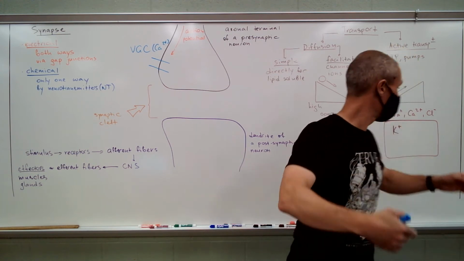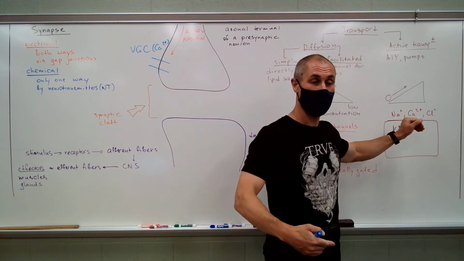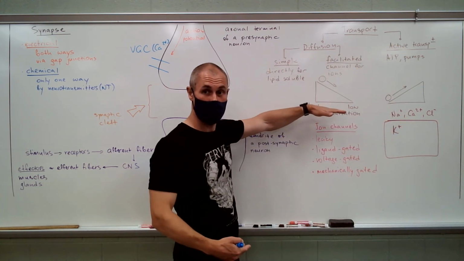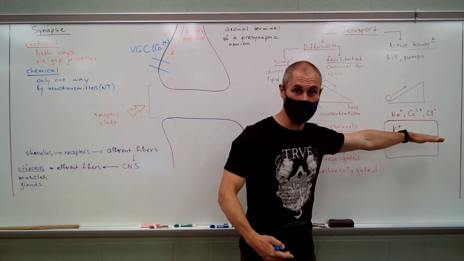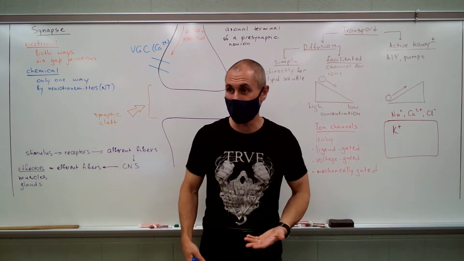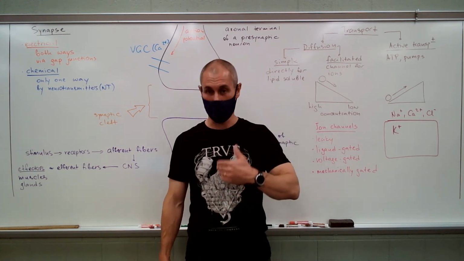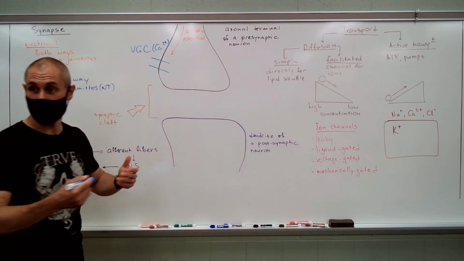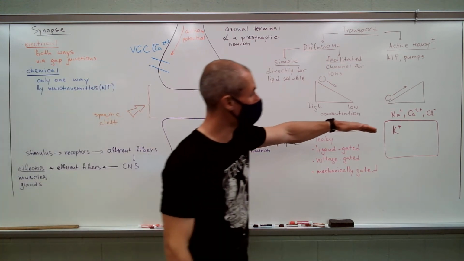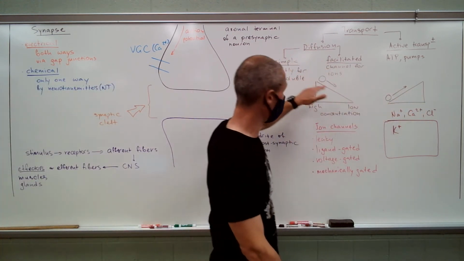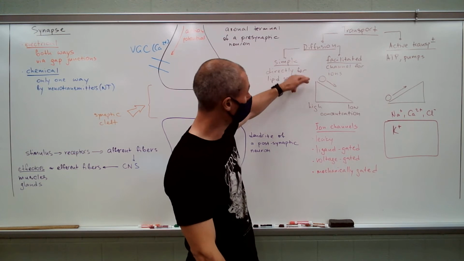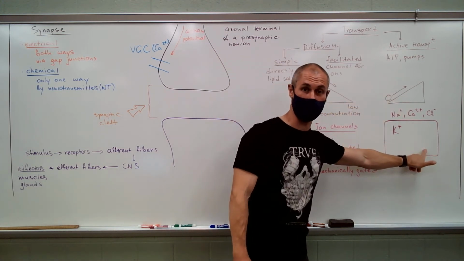Where? This is diffusion. This is the relative concentrations. Where does calcium diffuse? Into the cell. Does that make sense? Yeah. Because the concentration of calcium outside of the cell is higher, and it's going to diffuse towards the lower concentration within the cell.